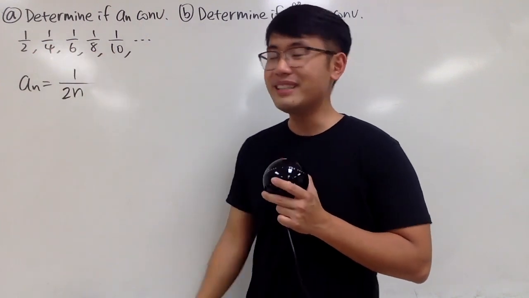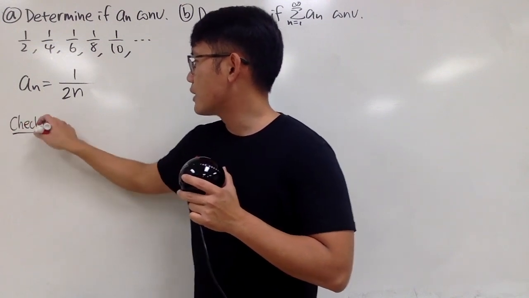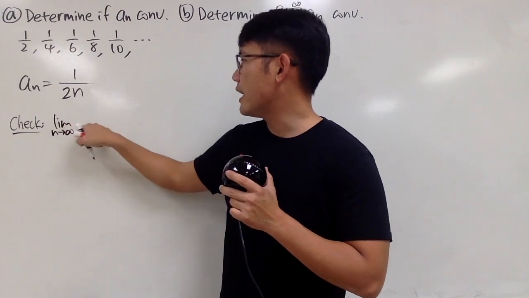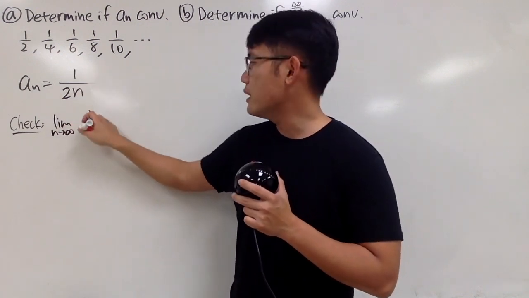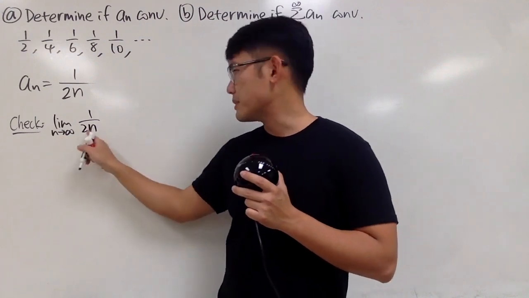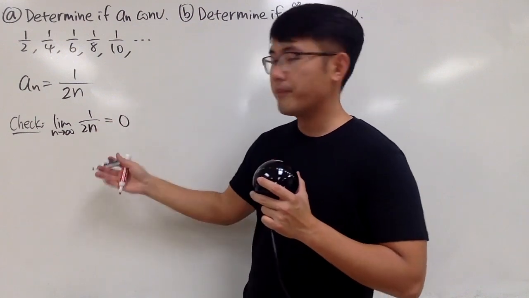So that's it, right? To see if this converges or not, we are going to check the limit as n goes to infinity of an, which is just 1 over 2n. If you put infinity here, 2 times infinity is still infinity, and 1 over infinity gives 0.